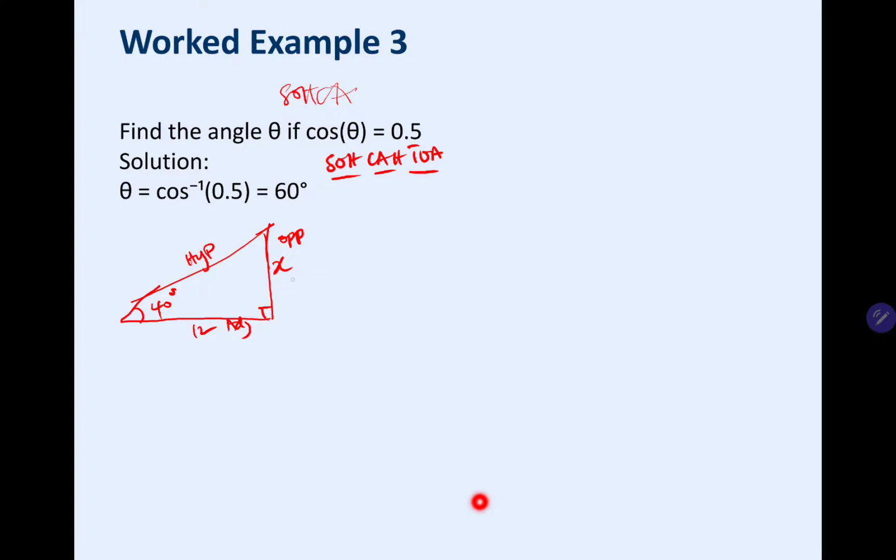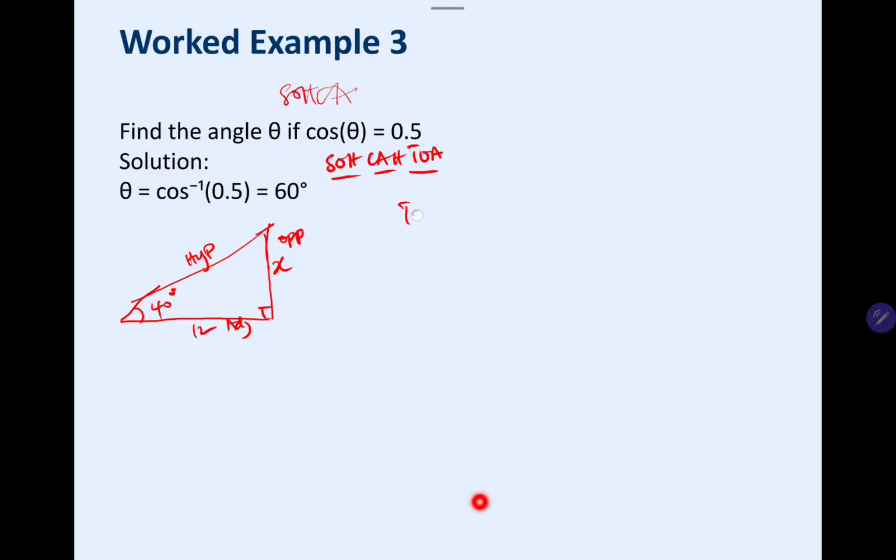Since we're looking for x and we have the adjacent side, the trig function that has the opposite and adjacent side is tan.